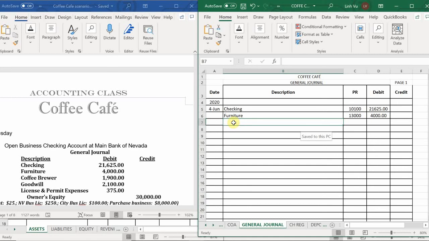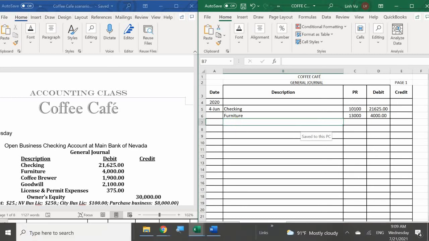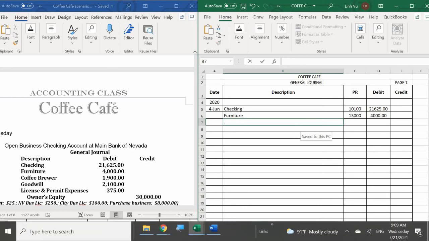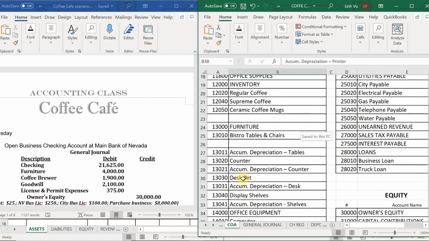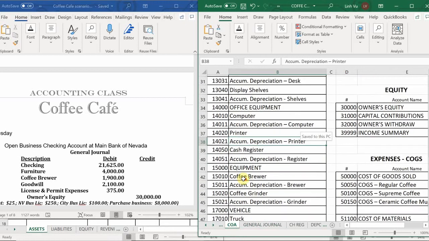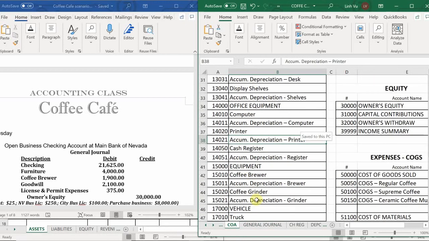All right. Next is going to be I purchased a coffee brewer. That is a fixed asset. In this case, what account number was my coffee brewer? 15,010.